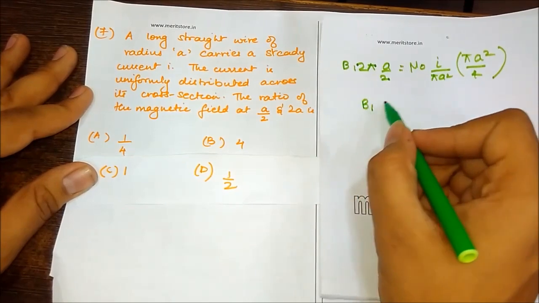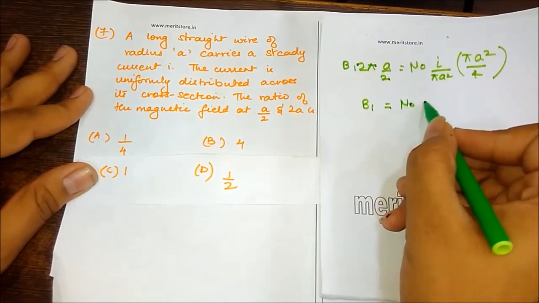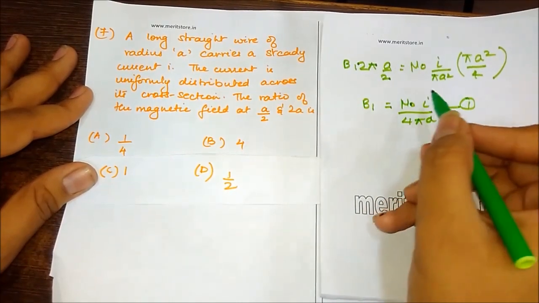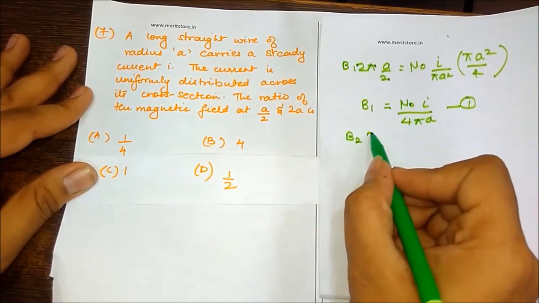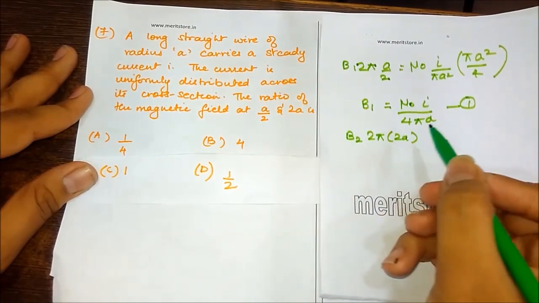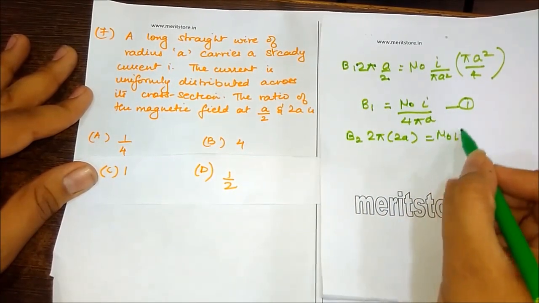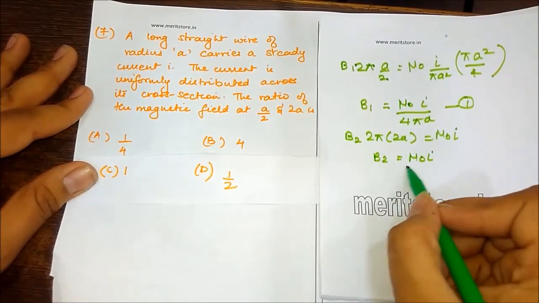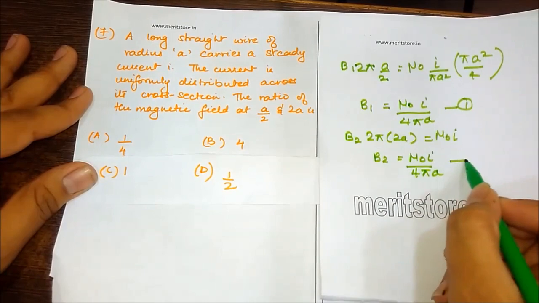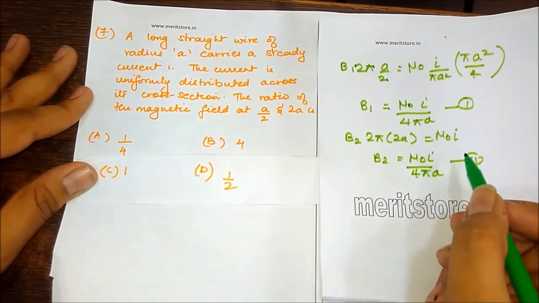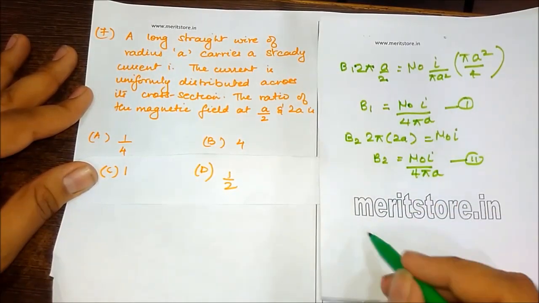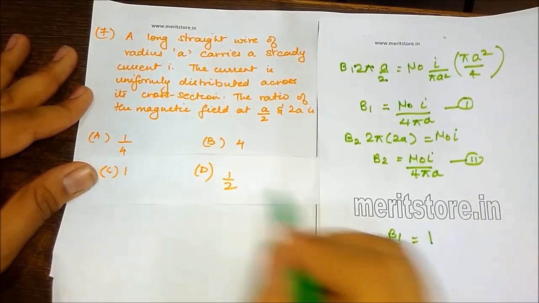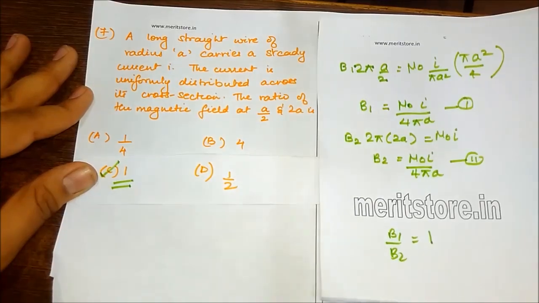So the value for B1 comes down to mu 0 I upon 4 pi A. Equation number 1. B2 times 2 pi 2A is equal to mu 0 I. So the value for B2 is equal to mu 0 I upon 4 pi A. Equation number 2. Dividing equation 1 by equation 2, we get B1 upon B2 is equal to 1. So option C, 1 is the correct answer.